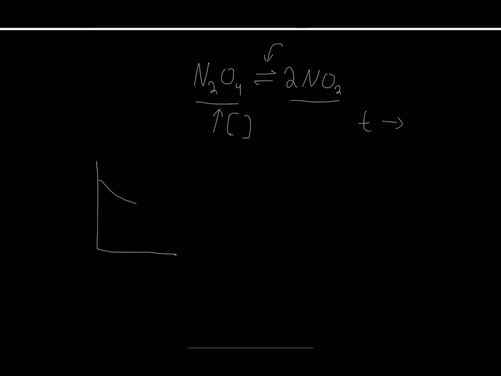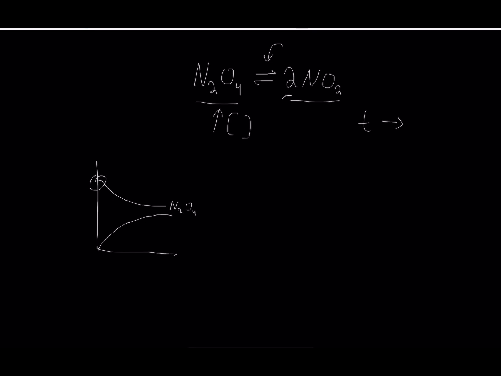You'll see that N2O4 amount is going to start up, but it'll decrease over time. Now, we have 2 NO2, so it's going to form 2 moles of NO2 for every 1 mole of N2O4. So its concentration, which is initially 0, is going to increase faster, but again, we'll see it'll level off.